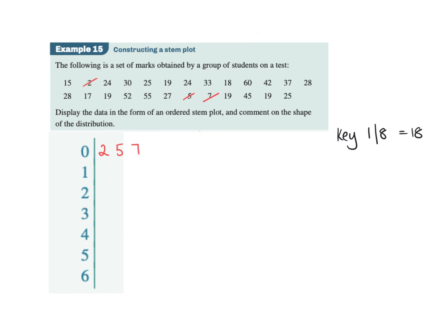And then the next one looks like we're into the teens. What do we think is the next one? 15. Yeah. Please make sure that you are lining these up. They've got to line up, otherwise the shape would not be the correct shape. So we've got 15.